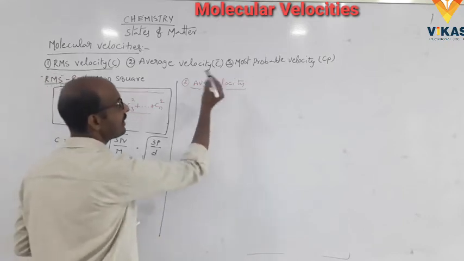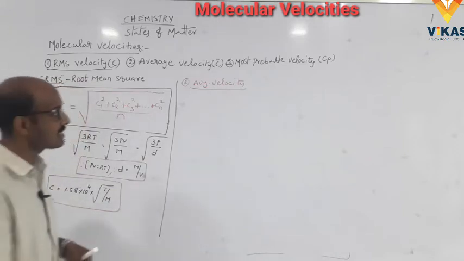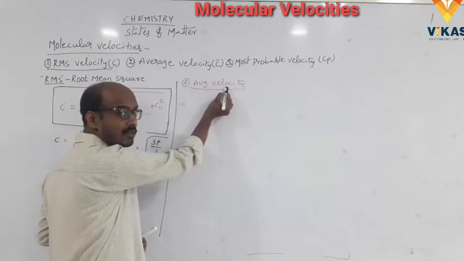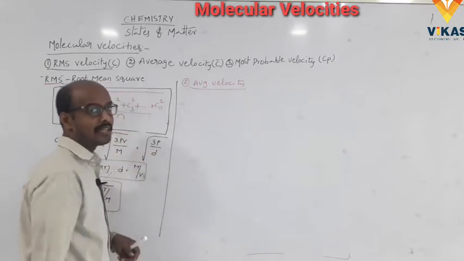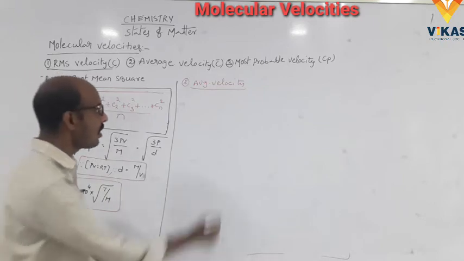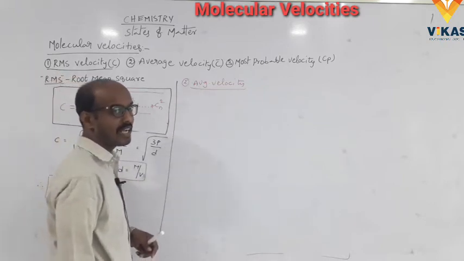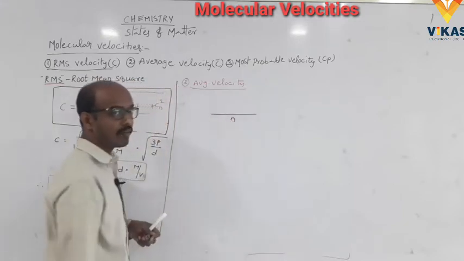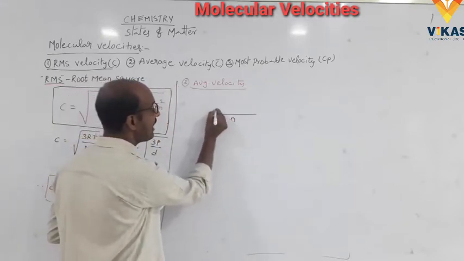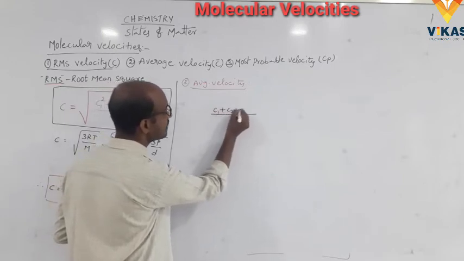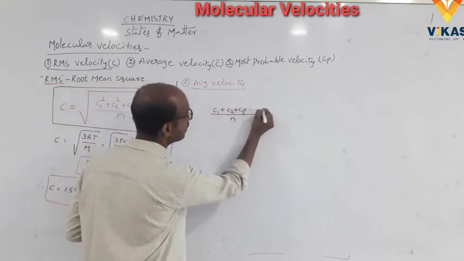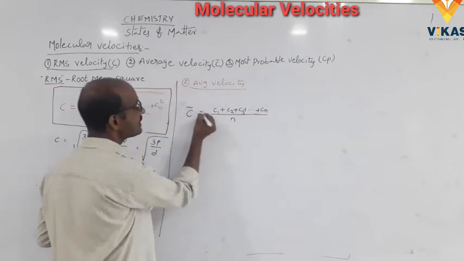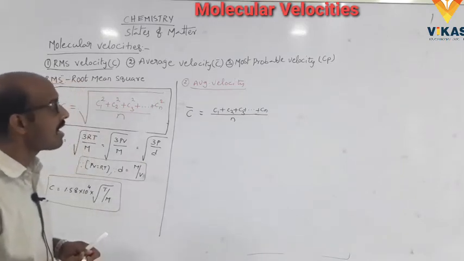Clear? Once again, it is the average of the velocities C1 plus C2 plus C3 and so on up to Cn, divided by n. It is represented by C bar. So that is the average velocity.